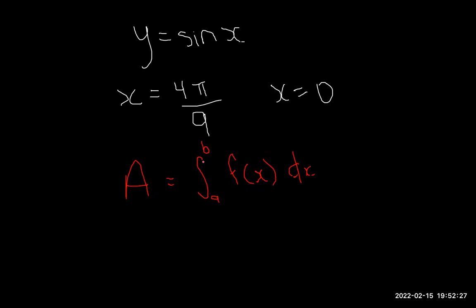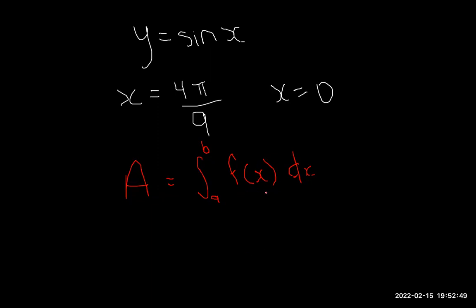This is definite integration, so you must put your upper and your lower limit. They gave you everything you need. So unlike the other question where you have to go find the equation of the curve and then use this formula, they gave you everything you need. So all you need to do is substitute all this information into your formula, find your area.